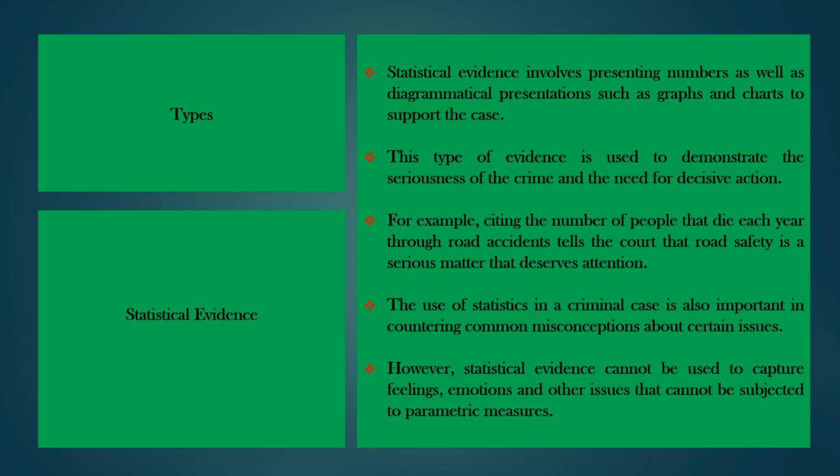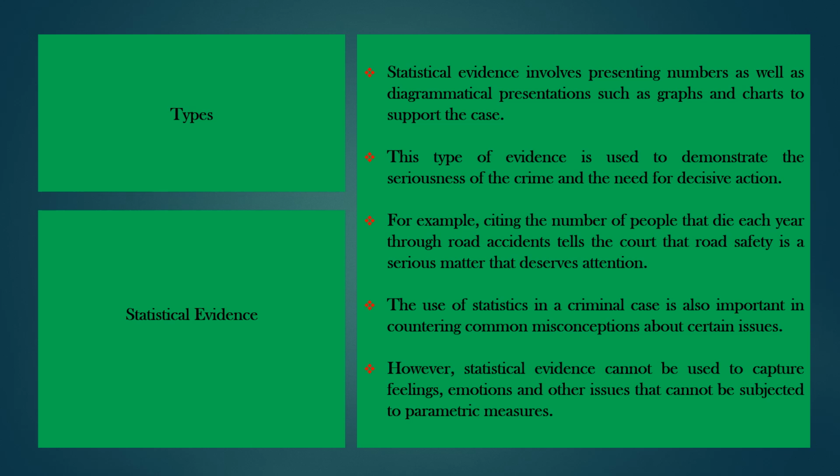For instance, it is easy to say that a family has lost 5 members in a road accident, but the actual feelings, the actual emotions, the actual social and psychological trauma that is associated with such losses might not be presented statistically.